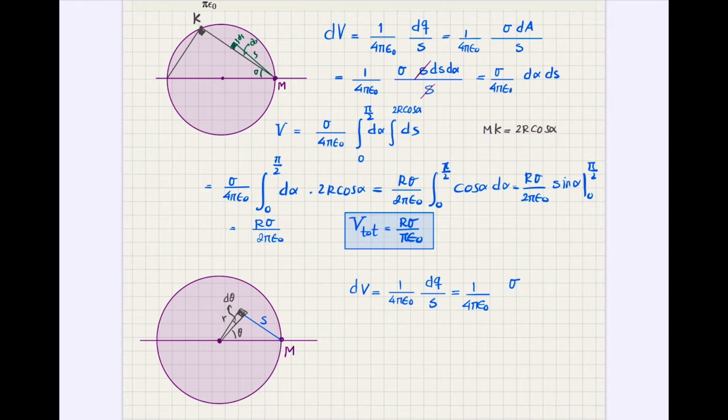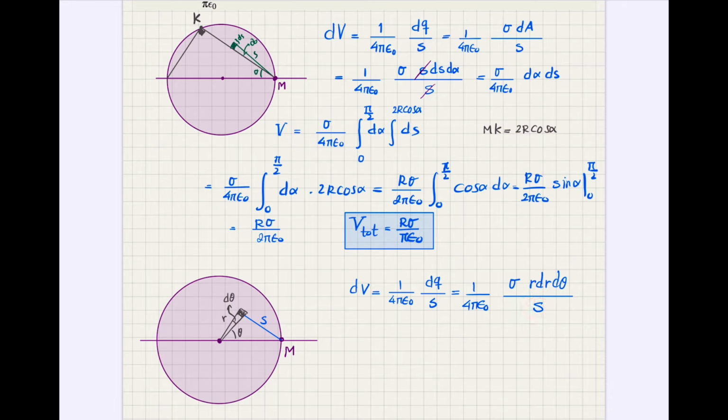But the area, this is just a standard polar coordinate, so this is r d theta, and then you have this divided by S. What you need to do now is express S in terms of your polar coordinates r and theta, which we didn't have to do in the previous way of solving the problem. And this is also simple, not hard to write.